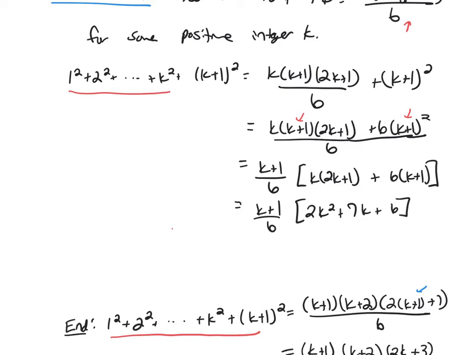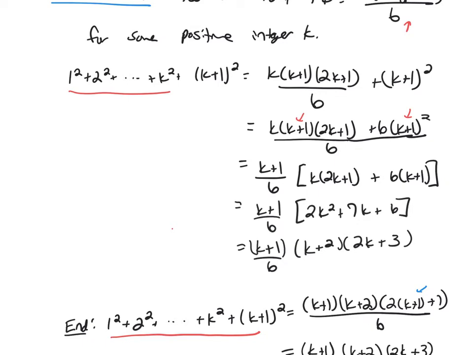And that factors as (k + 2)(2k + 3), a 3 and a 2.